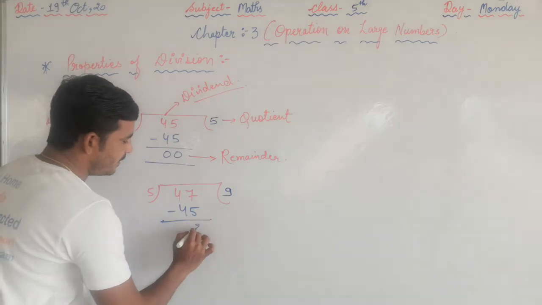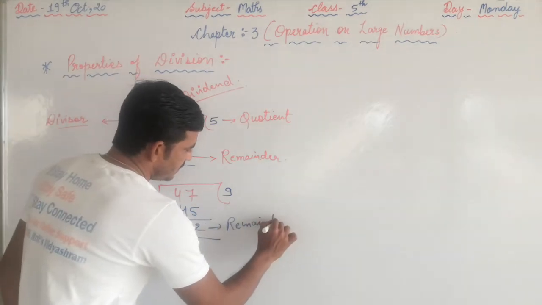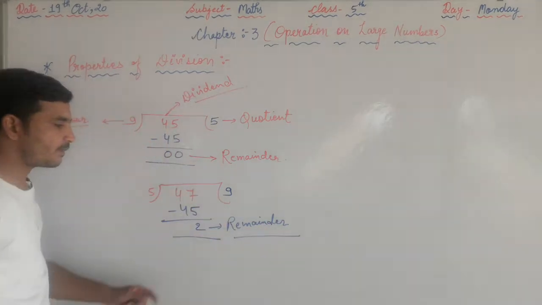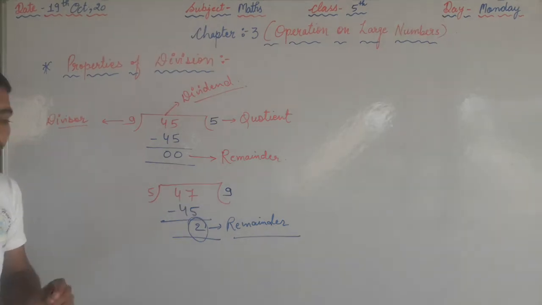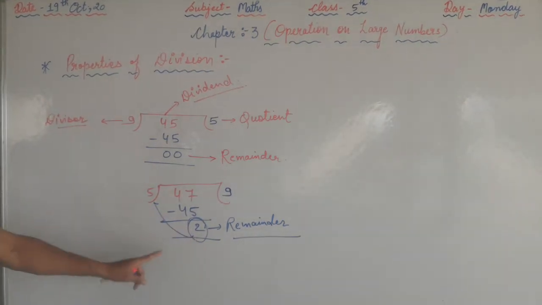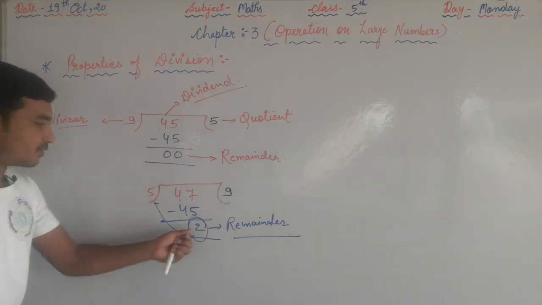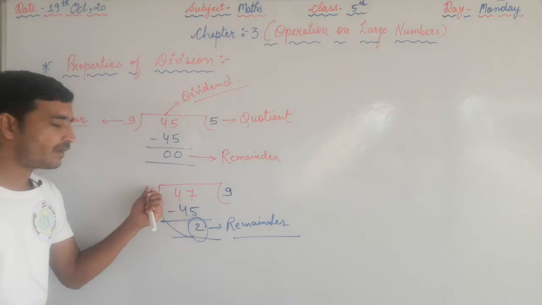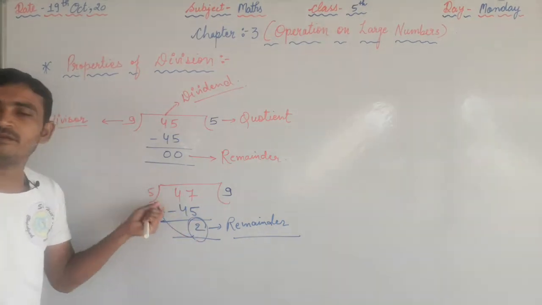When you subtract, you get 2 as a remainder. Now we discuss the remainder. The remainder is always less than the divisor. Always. It is never greater than or equal to the divisor. It's always less than the divisor.